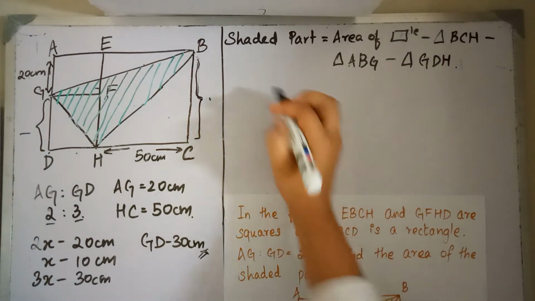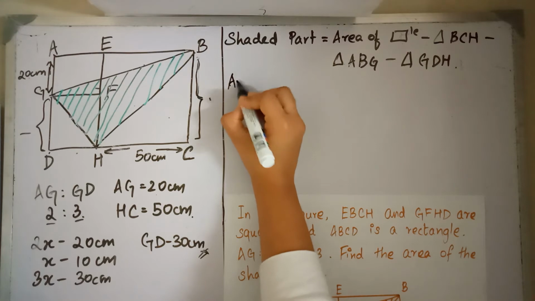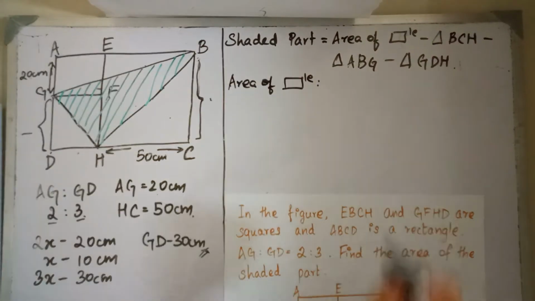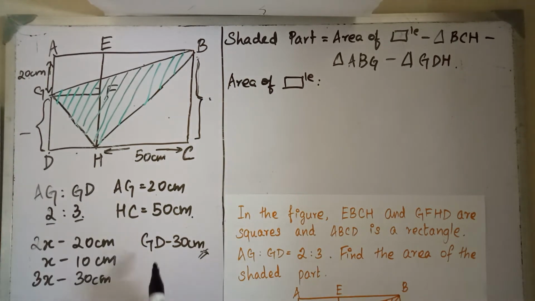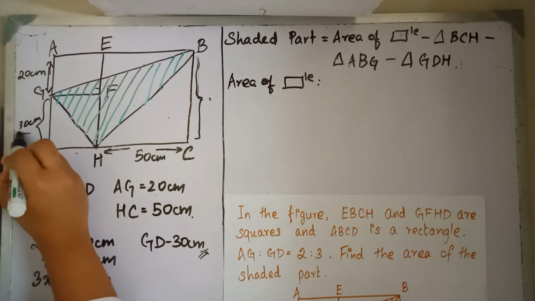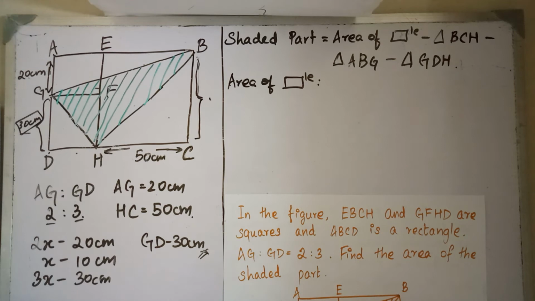So the area of the rectangle will be length into breadth. Now GD is equal to 30 cm. So this will be equal to 30 cm. We have found this out.